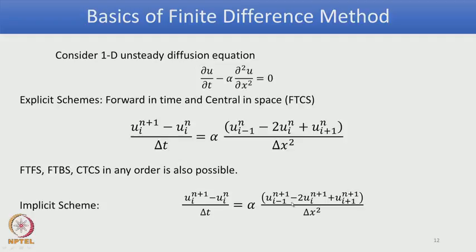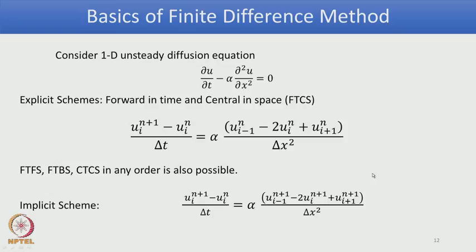Sometimes the i minus 1 node, which is on the left hand side, you would have already determined, whereas the i plus 1 node you do not know. So, if you look at the overall formulation, u of i, n plus 1 appears on the left hand side and u at n plus 1 also appears on the right hand side. So, this becomes an implicit formulation.